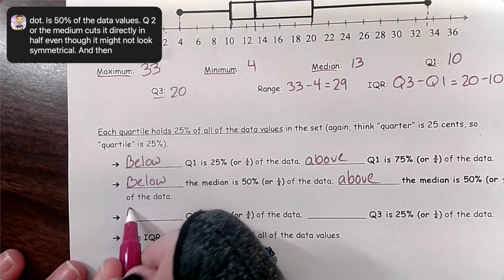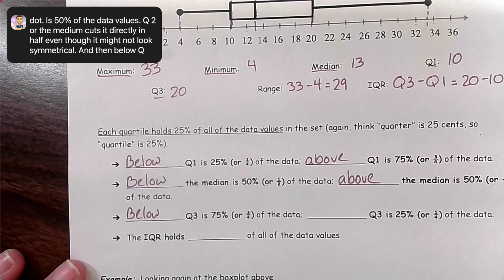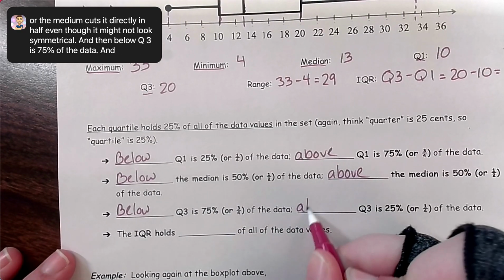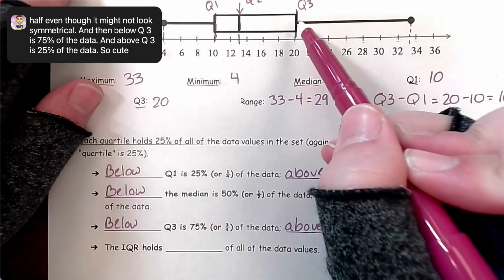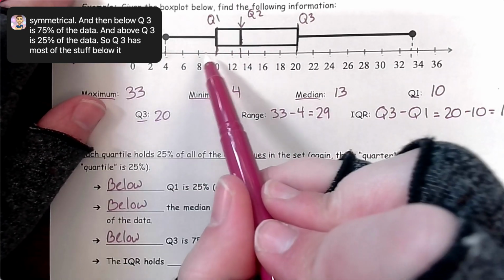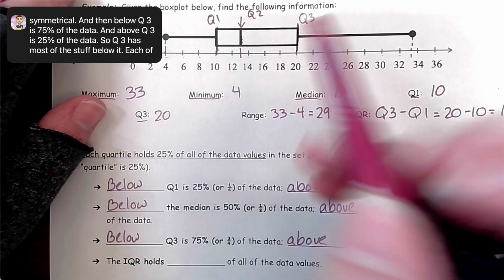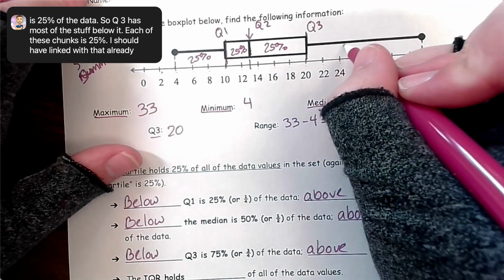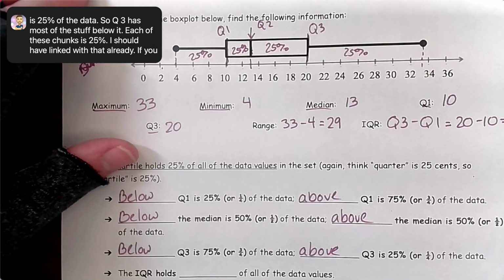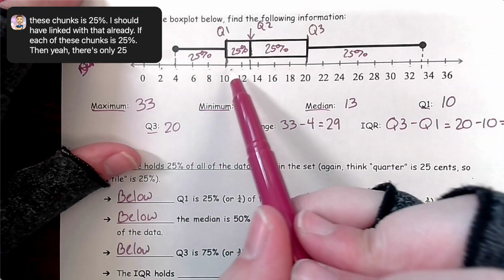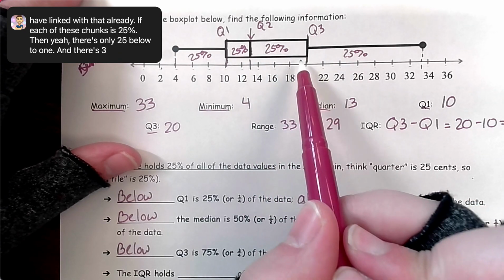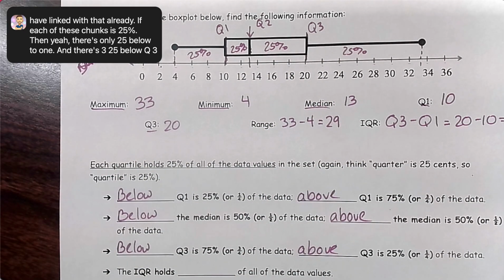And then below Q3 is 75% of the data, and above Q3 is 25% of the data. So Q3 has most of the stuff below it. If each of these chunks is 25%, then yeah, there's only 25 below Q1, and there's 3 25s below Q3, which makes that 75%.